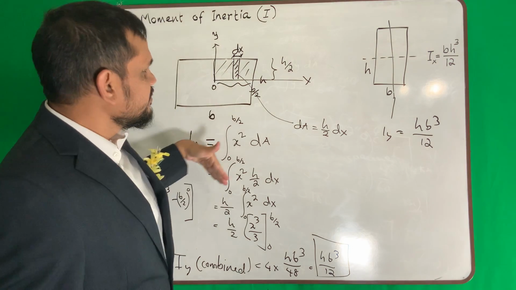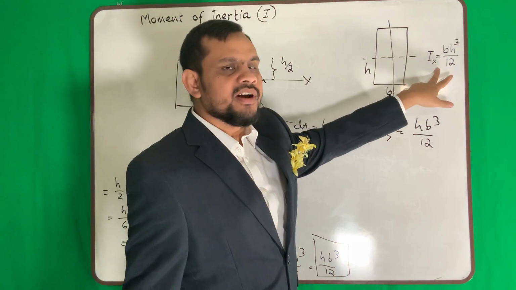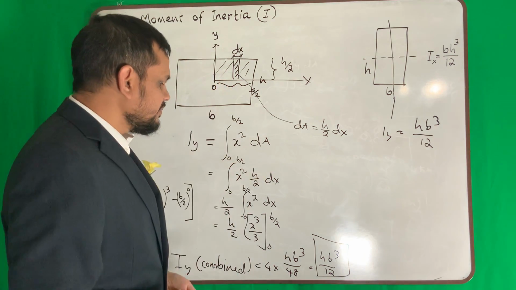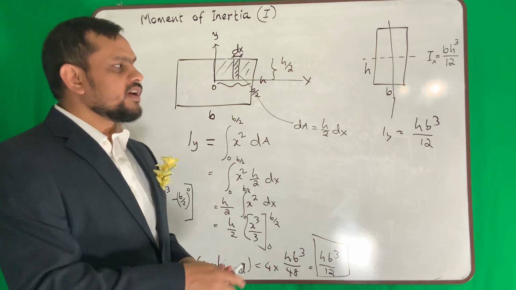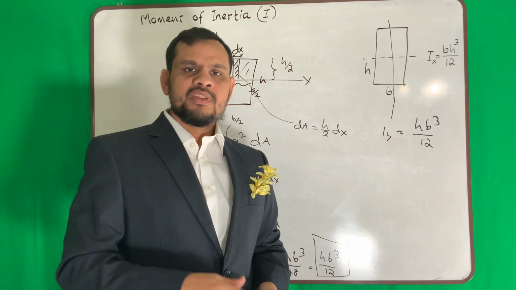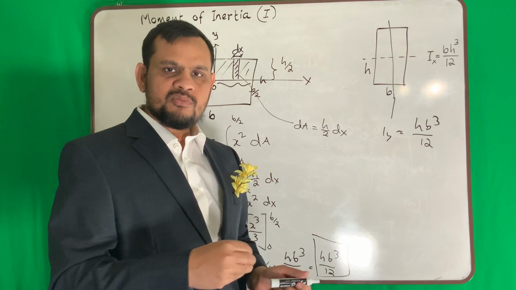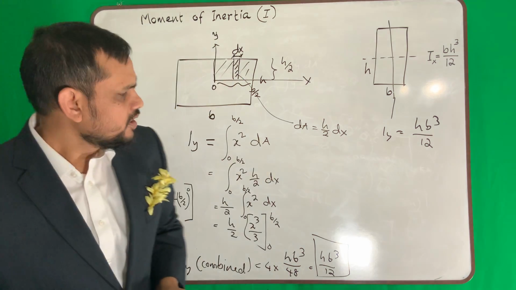Now if we do the same thing about the x-axis, we will find this. So in future we will not derive it every time. We will just memorize this value, and we will use it to determine moment of inertia for other sections.